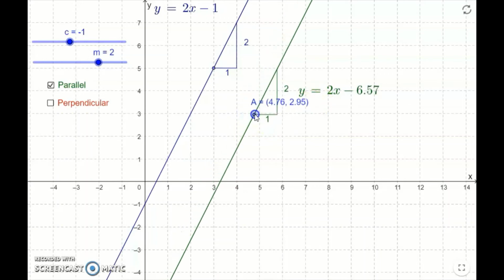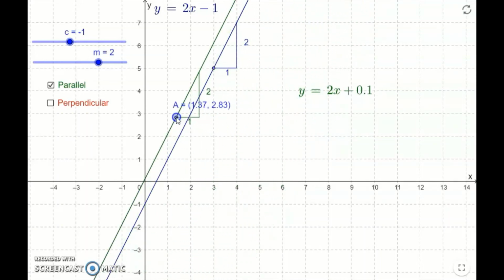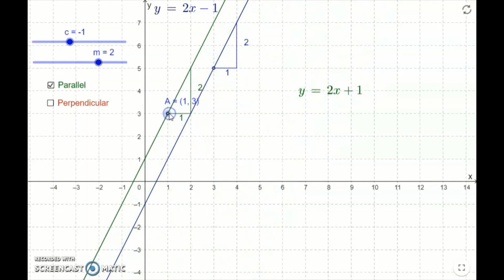Now I can move A to B anywhere I wish, and it will still have the slope of 2.